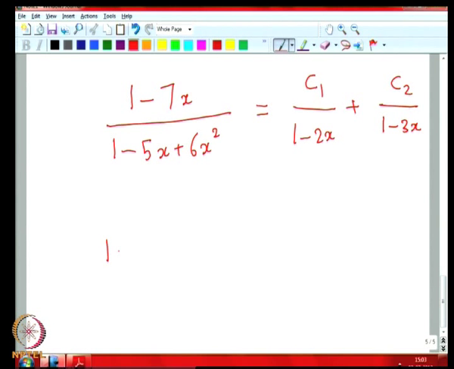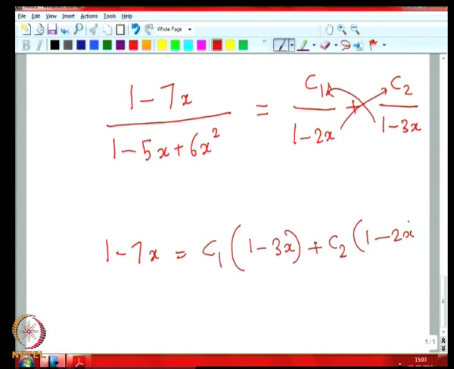So 1 minus 7x is equal to, this will multiply here and this will multiply here, so that is c1 times 1 minus 3x plus c2 times 1 minus 2x.